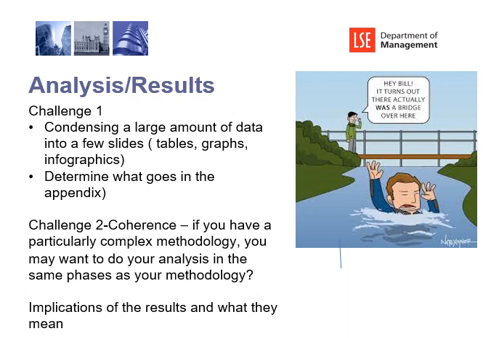The second challenge with analysis and results that we see coming up is the issue of coherence. Often, if you have a particularly difficult or complex methodology, because you have multiple objectives of your project, you may want to do your analysis in the same phases as your methodology. So let's say that you are looking at a problem from 2 or 3 different angles and you're using a different set of methods to analyze each objective or angle of the challenge.